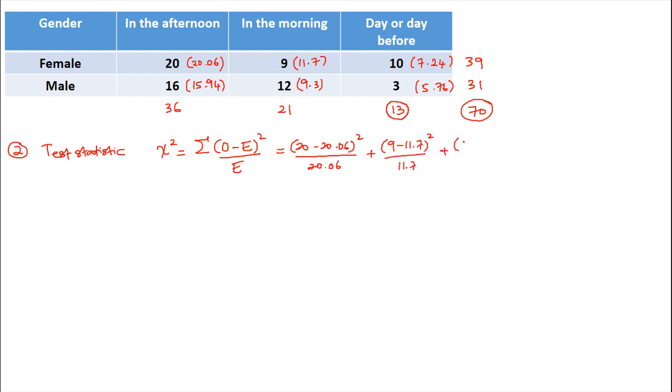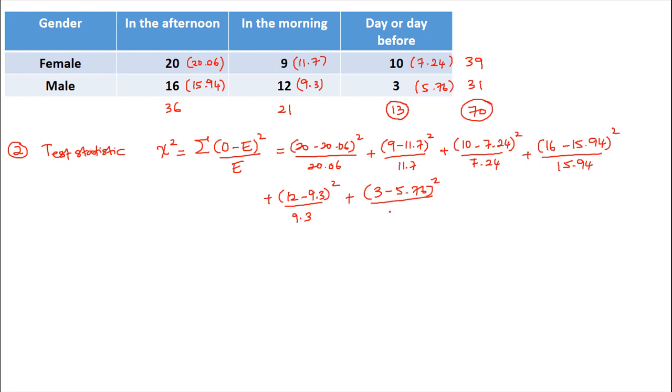Next is 10 minus 7.24 square divide by 7.24. Next is 16 minus 15.94 square divide by 15.94. Next is 12 minus 9.3 square, divide by 9.3, and the last cell is 3 minus 5.76 square, divide by 5.76.